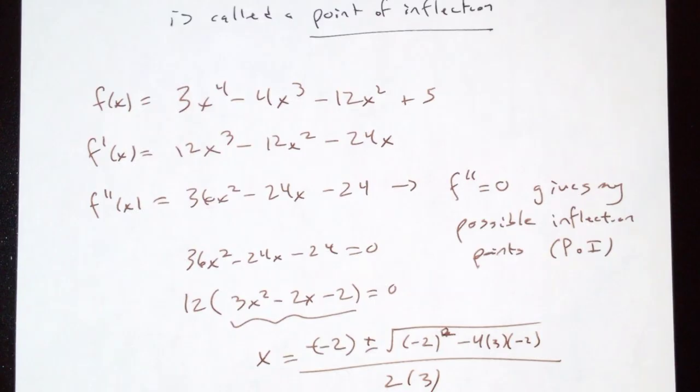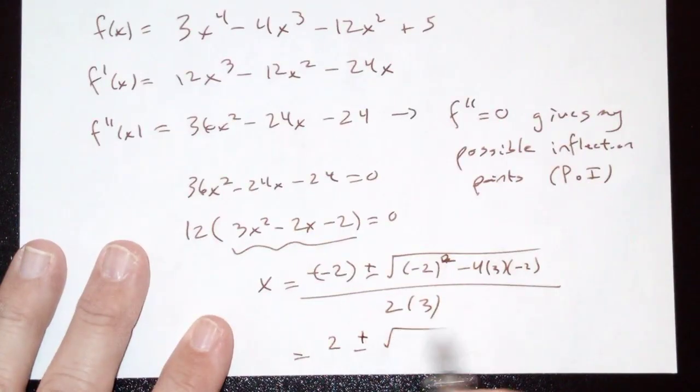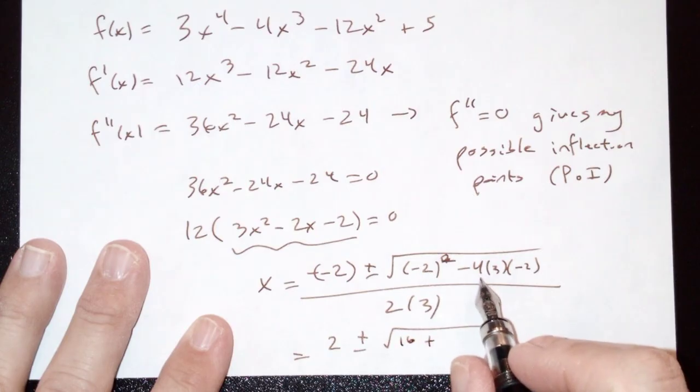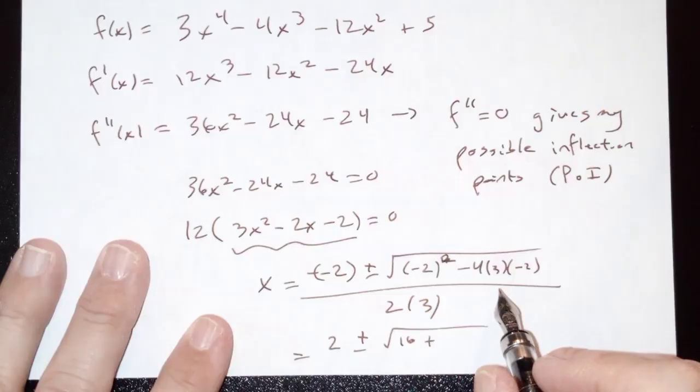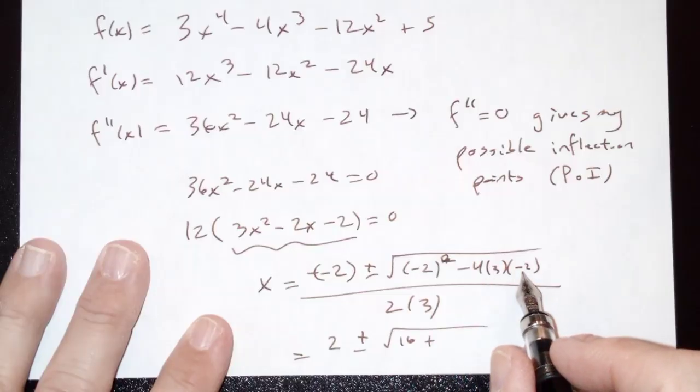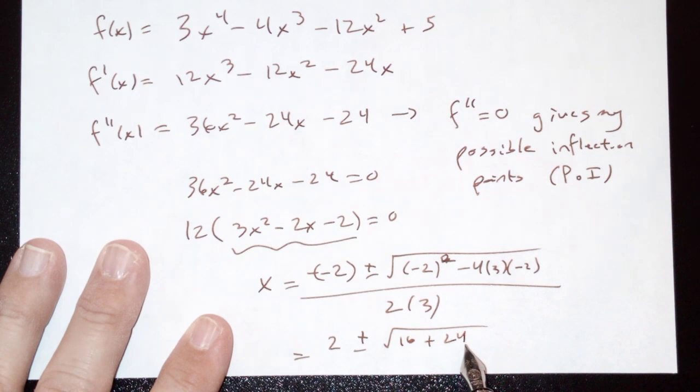X is equal to negative b plus or minus the square root of, that's the only way to remember the damn thing, right? So that's 2 plus or minus the square root of 16 plus 12 times 2 is 24, over 6.